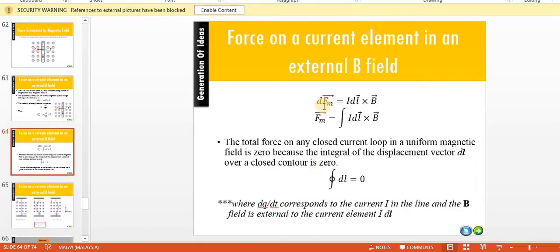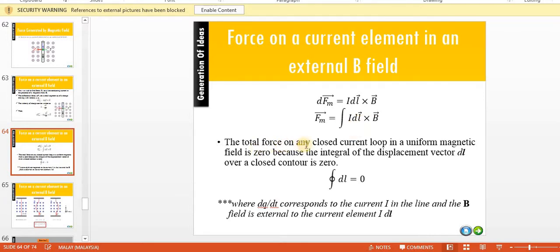Now we can rewrite this equation by changing the differential to integration. The total force experienced by the current element in an external field can be obtained by integrating the current with its length and cross product with the magnetic field.